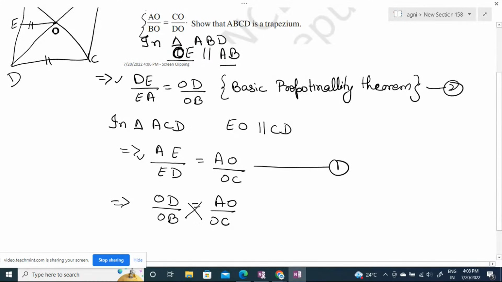So we just cross multiply and write in this way: OC upon OD is equal to AO upon BO. Proved.